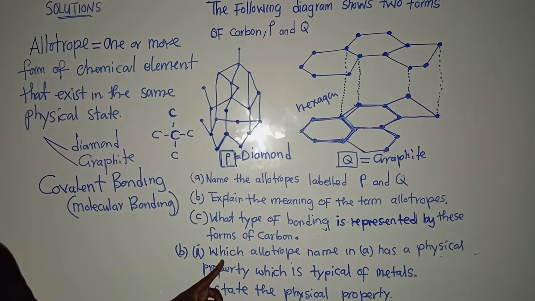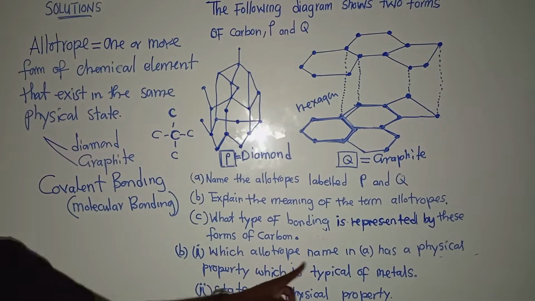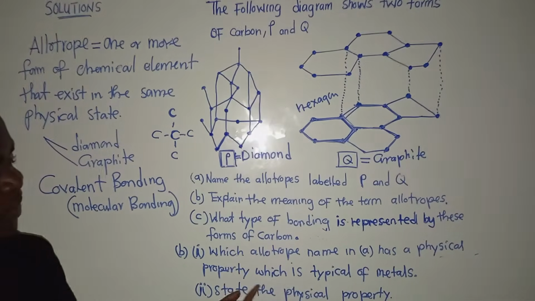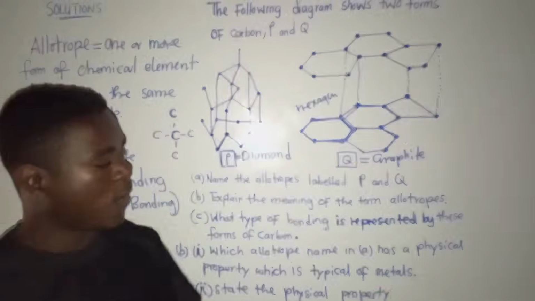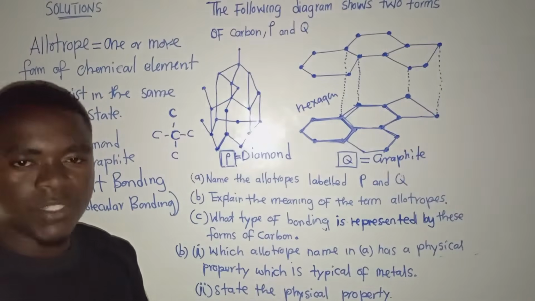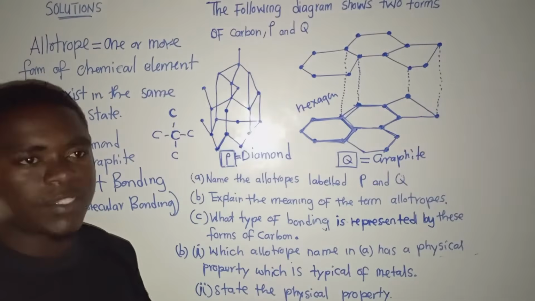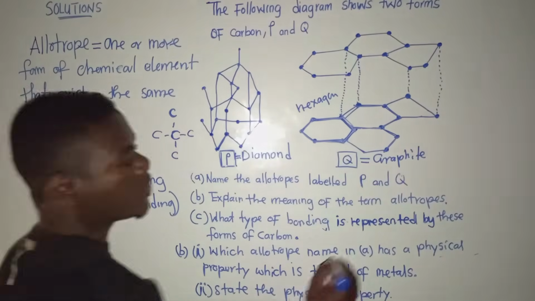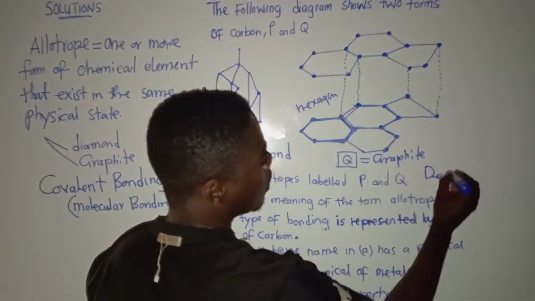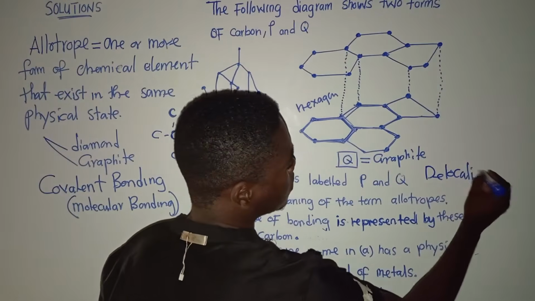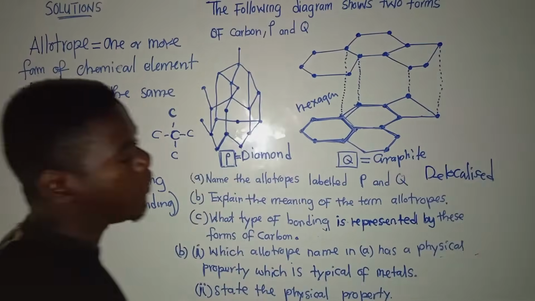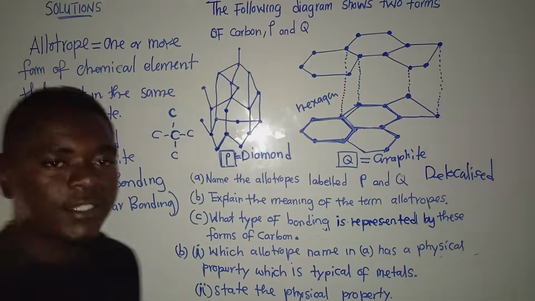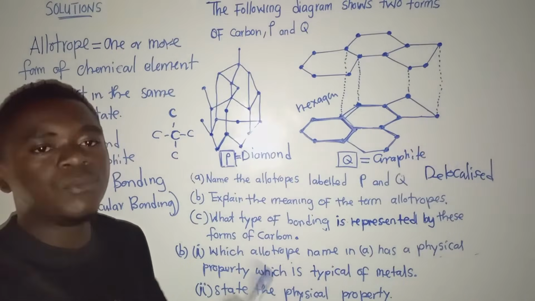This question is saying, which allotrope named in A has a physical property which is typical of metals? We know that metals are made up of delocalized electrons, meaning electrons that are free to move.